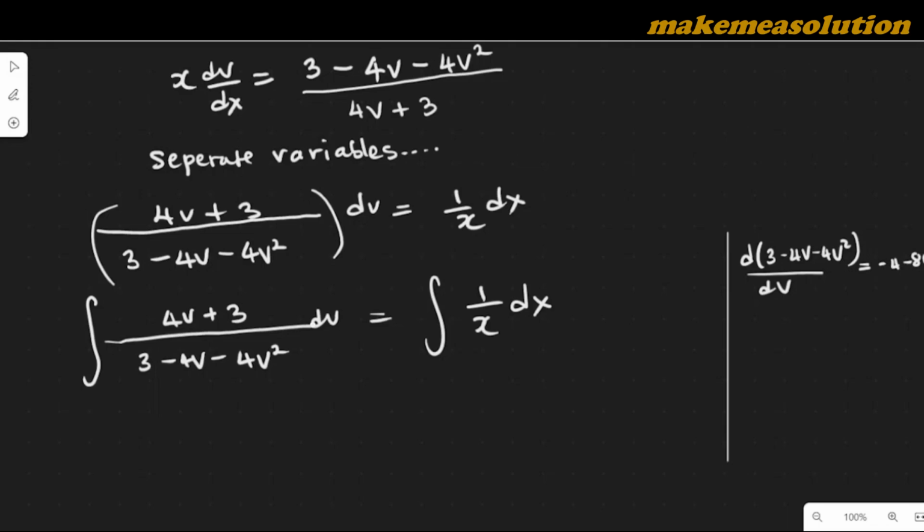And clearly d of (3 minus 4v minus 4v squared) now becomes negative 4 minus 8v into what? dv. So is there any way that we can make here equal to here? There is no way we can do that. There is no way we can actually do that. So we have to look for another way to solve this problem, and hopefully there may just be another way to solve it.